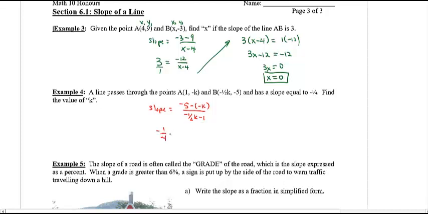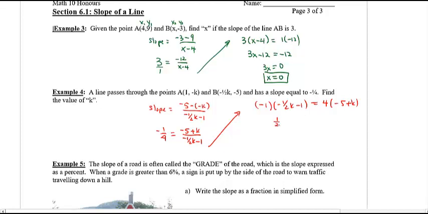Negative 1/4 is equal to negative 5 plus k, negative 1/2 k minus 1. Cross multiplying again, I get negative 1 times negative 1/2 k minus 1 equals 4 times negative 5 plus k.